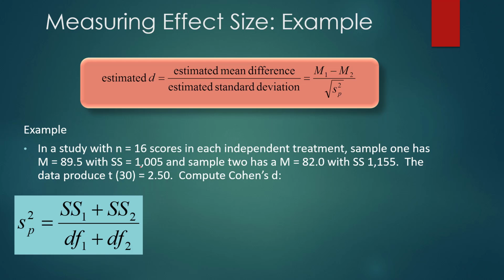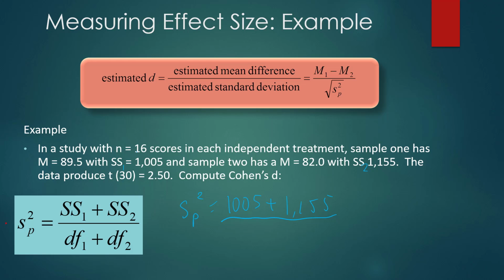First we need to get our pooled variance, and this is our pooled variance formula. To get our pooled variance, remember that S squared is variance and the P stands for pooled, we take our SS1, which is 1,005, plus our SS2, which is 1,155, over the degrees of freedom for sample 1 and the degrees of freedom for sample 2.